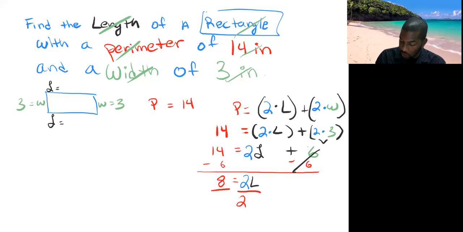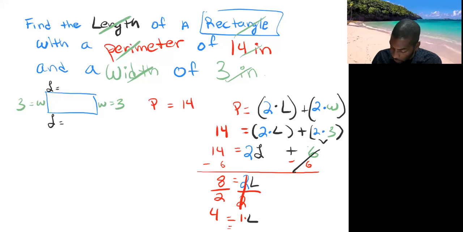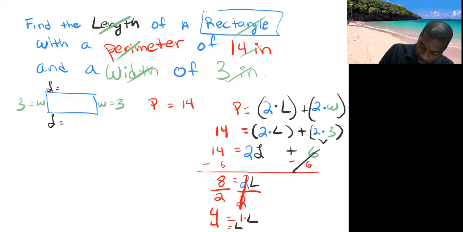What I do to one side, I must do to the other. 2 divided by 2 is 1, so I got 1 times L. And then I have 8 divided by 2 on this side, which is 4. 4 is equal to 1 times L. Since 1 times anything is itself, 1 times L becomes just L, which is what we were looking for, the length. And so we claim that each length is worth 4.